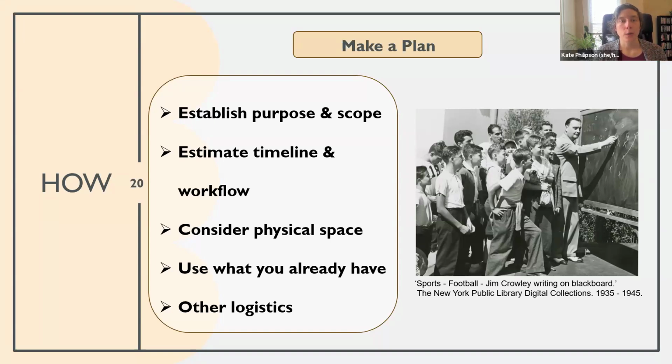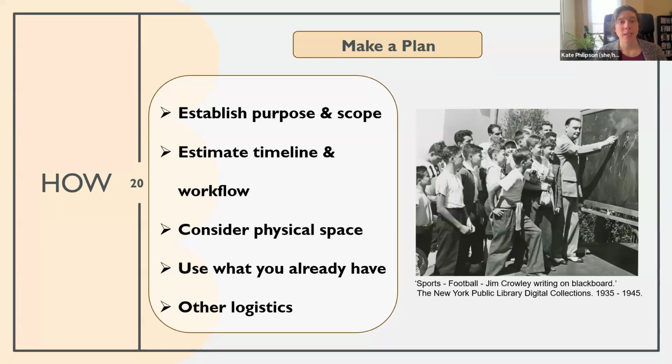So the goals are impacted by the purpose, right? Your resources and time, and understanding what is attainable and practical for you and your collection. Those things all feed into the purpose and the scope of what you're going to accomplish.